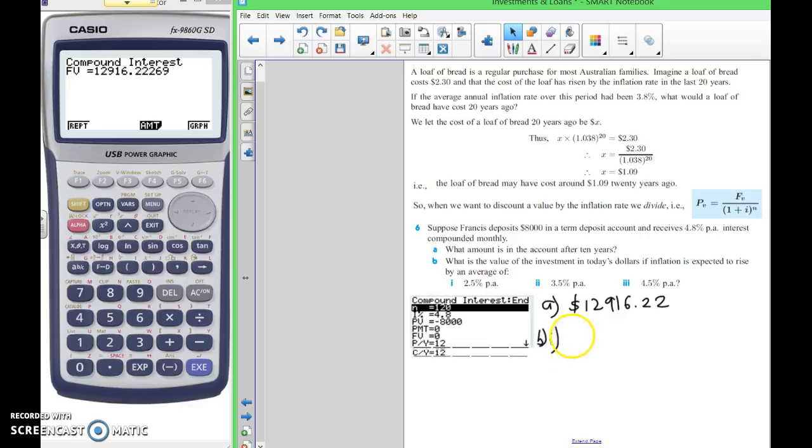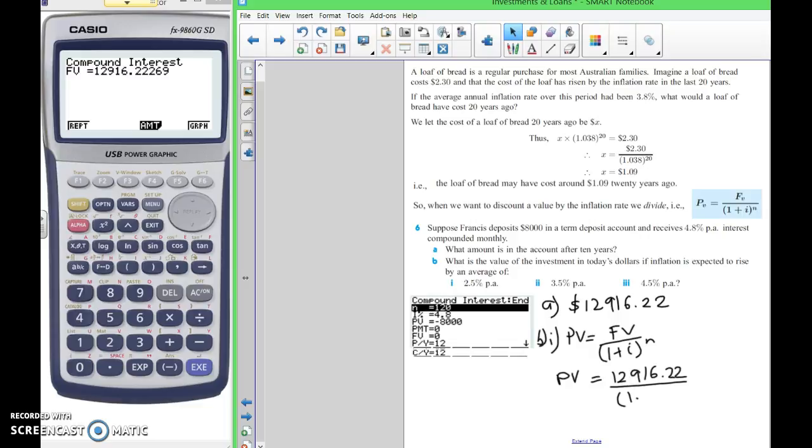Using the formula here, present value is equal to our future value over 1 plus your interest rate inside brackets to the power of n. Present value is what we're trying to find. Future value being 12,916, that we've just found, over 1.